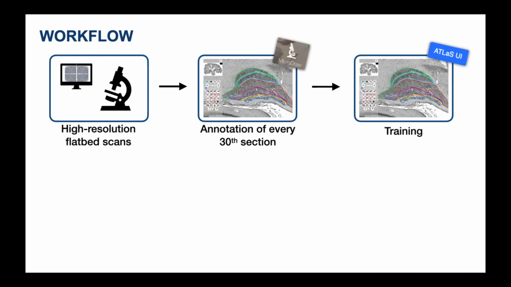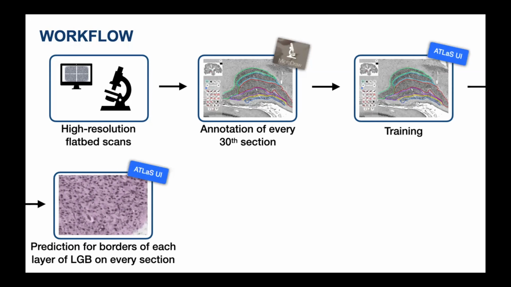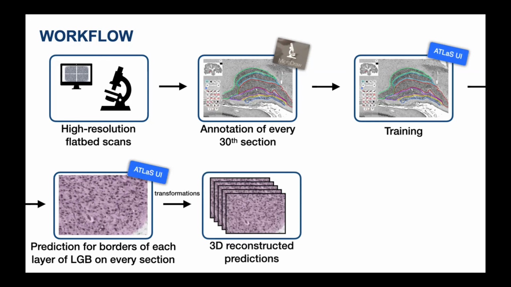It was trained to recognize the cytoarchitectonic pattern according to our manual annotations. The model then predicted delineation of each layer on every section of our structure, and transformations were then calculated and applied. So we also had these predictions in 3D.